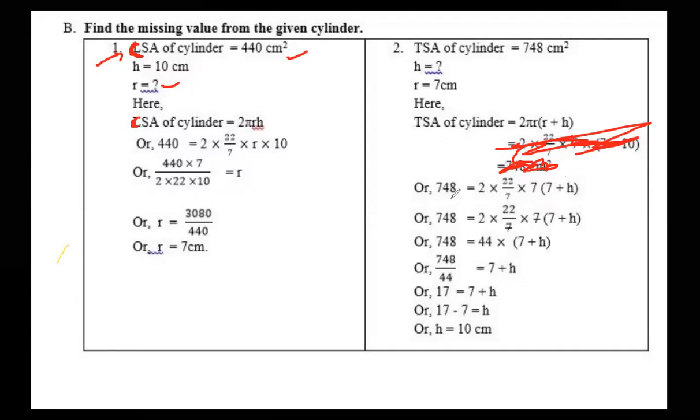Now, after that, what shall we do? So 7 and 7 will be cancelled. So 2 into 22 will be 44. Now 44 is in the multiply sign, when it moves across it will divide. Divide this number, is it going to be 17?